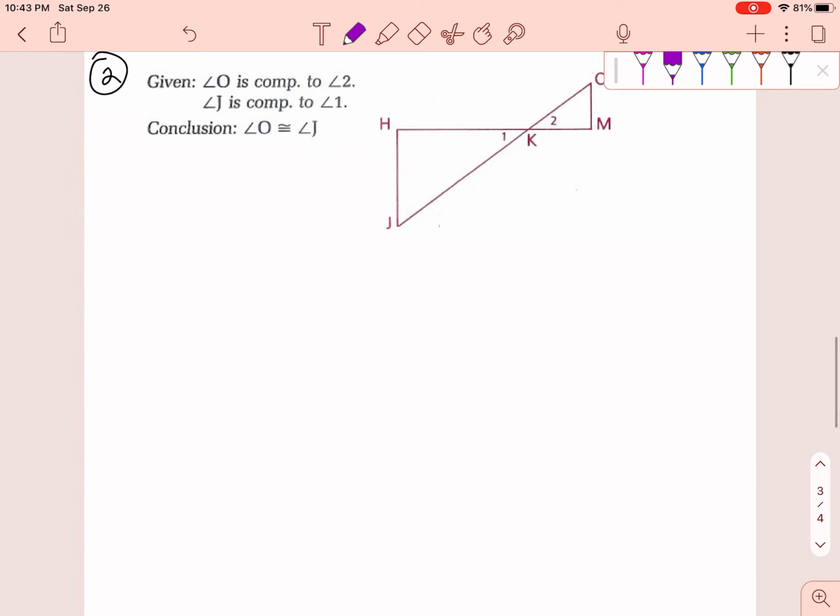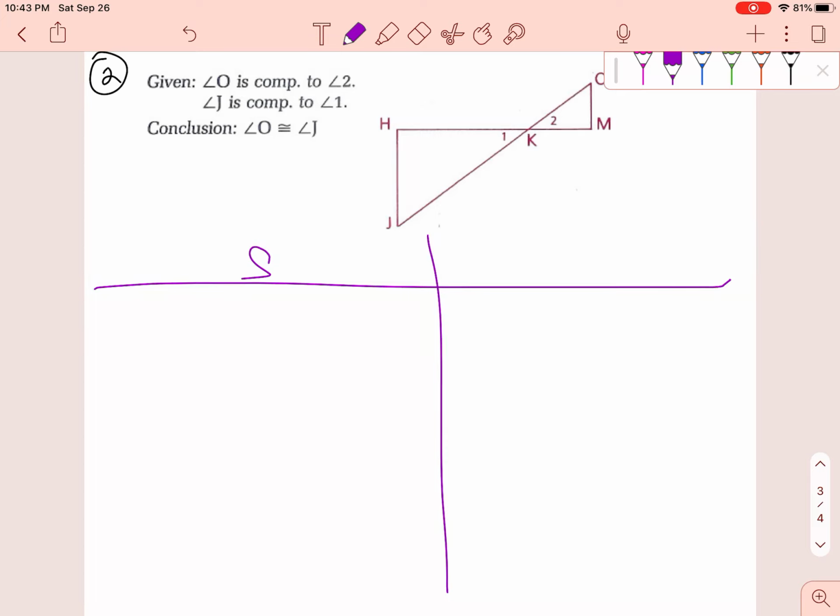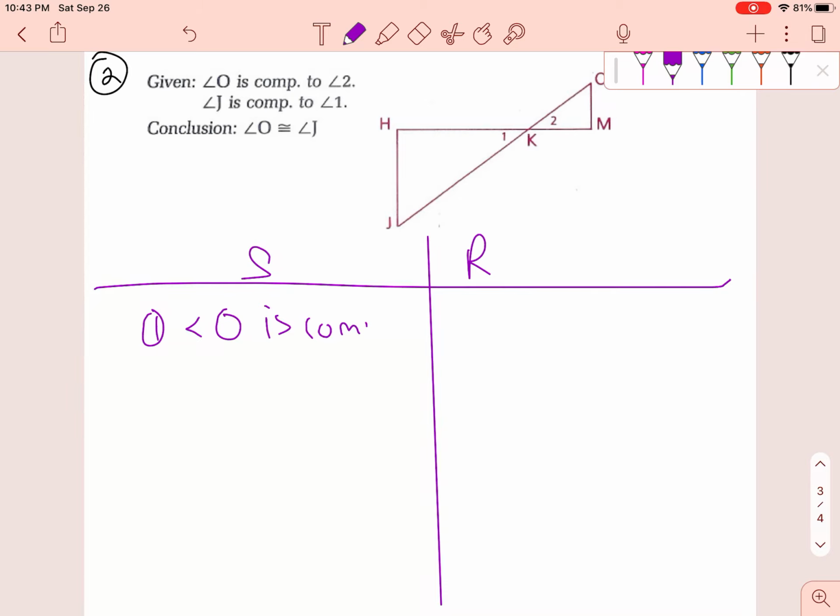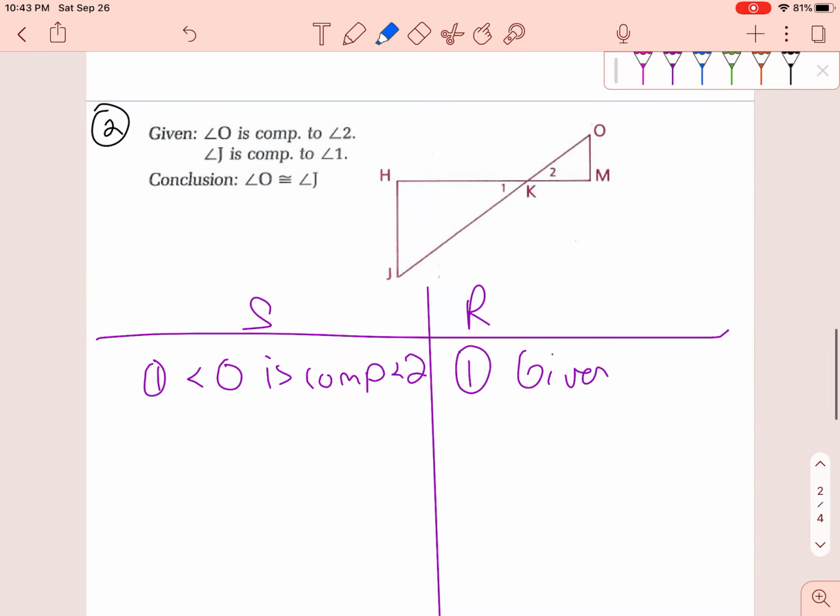Another example of a proof. So again, statement, reasons. Step 1, angle O is complementary to angle 2, given. I see lots of angles being used, so I'm going to start coloring mine. So angle O, which is this angle right here, is complementary to angle 2.